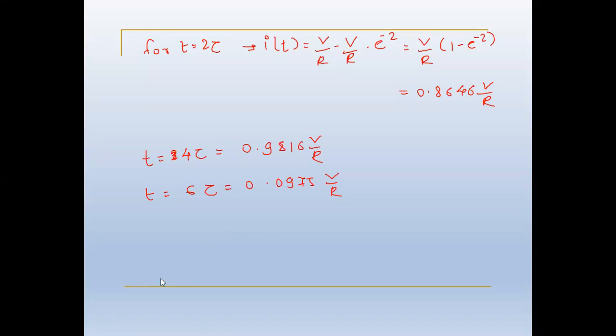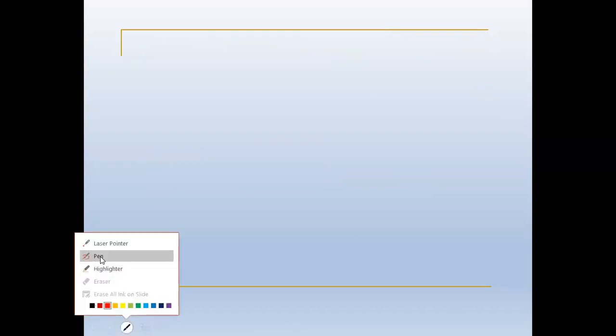Now, for the driven circuit, the next thing we are going to continue with is the derivation of voltage across the resistor.